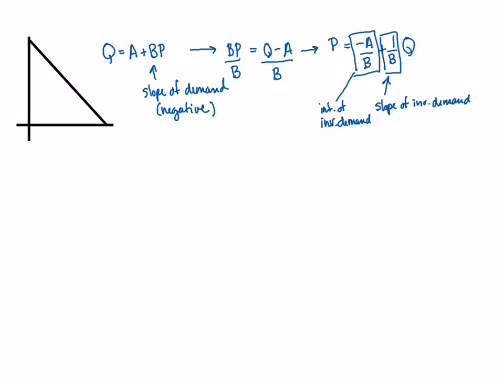That's what we have right here. So the slope of this line is the slope of the inverse, not the slope of the demand curve.